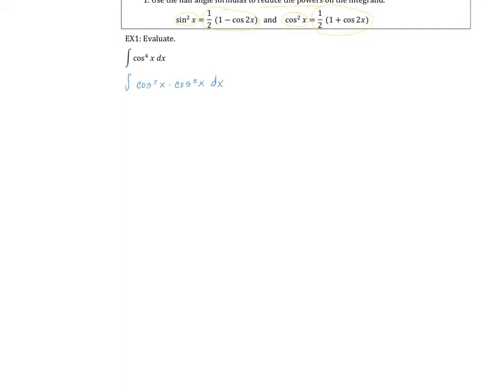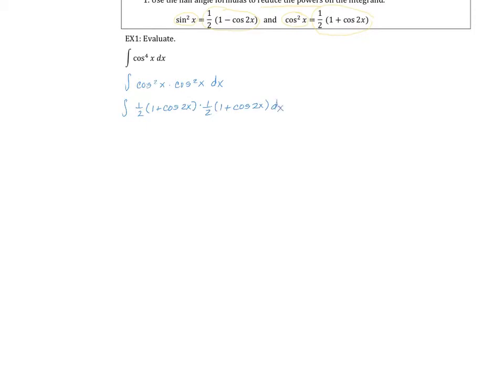And then we can replace each of the cosine squares with 1/2 times (1 plus cosine of 2x), times 1/2 (1 plus cosine of 2x).